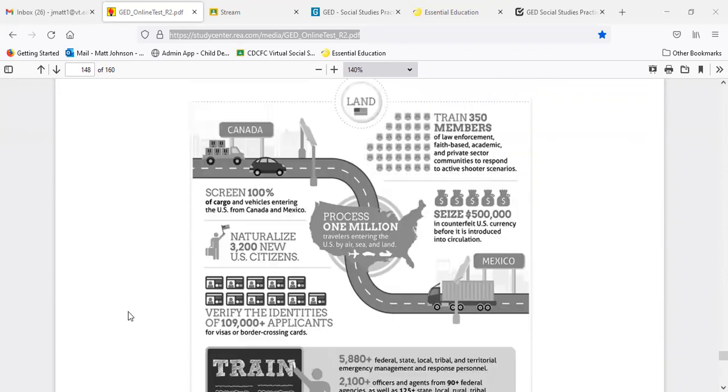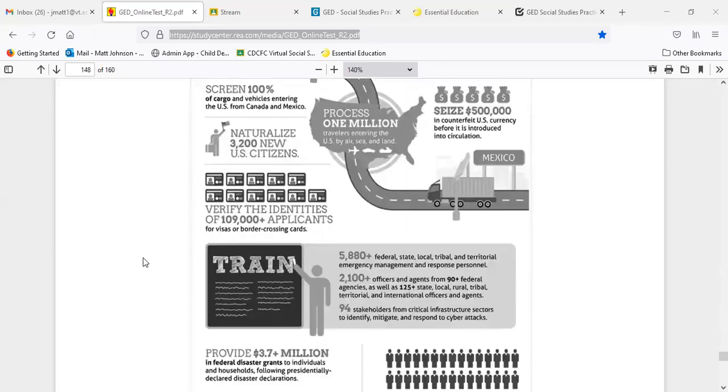Go back up to the top here. Train 350 members of law enforcement, faith-based, academic, and private sector communities to respond to active shooter scenarios. Process 1 million travelers entering the U.S. by air, sea, and land. Seize 500,000 in counterfeit U.S. currency before it is introduced into circulation.